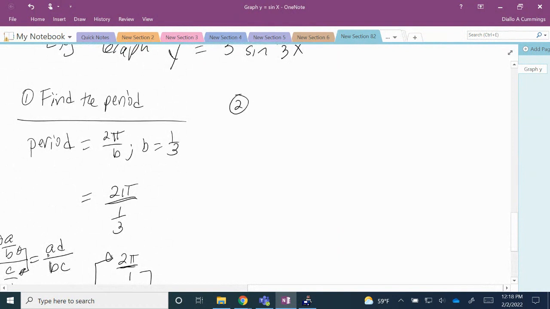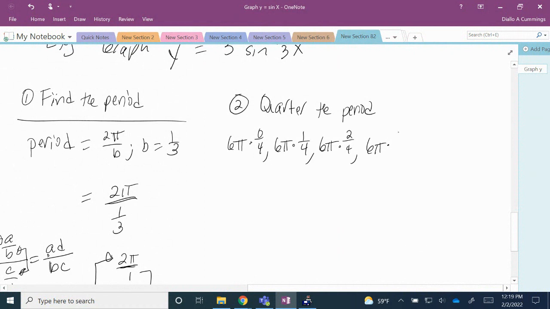So next, we're going to quarter the period. So we have 6 pi times 0/4, 6 pi times 1/4, 6 pi times 1/2, 6 pi times 3/4, and 6 pi times 1.